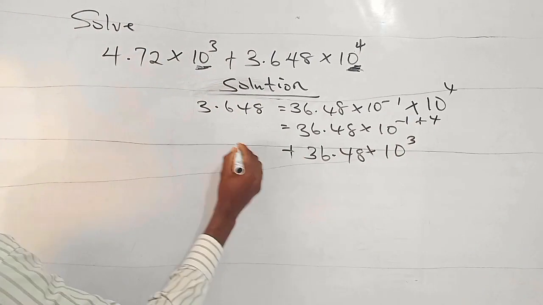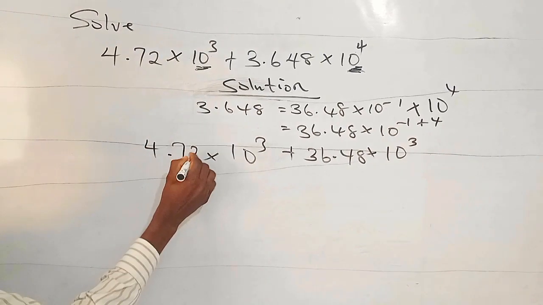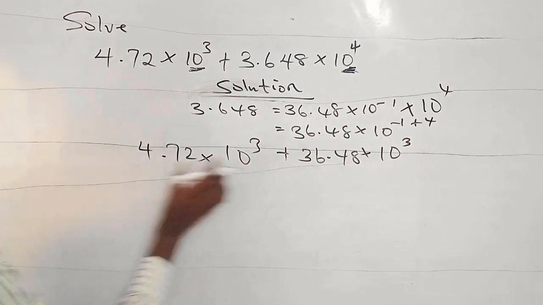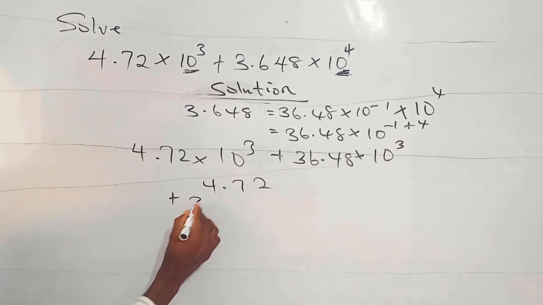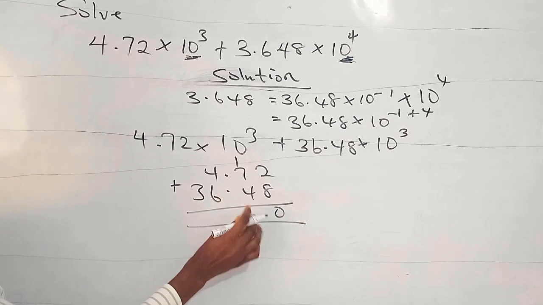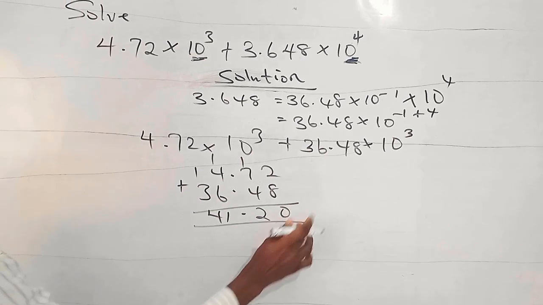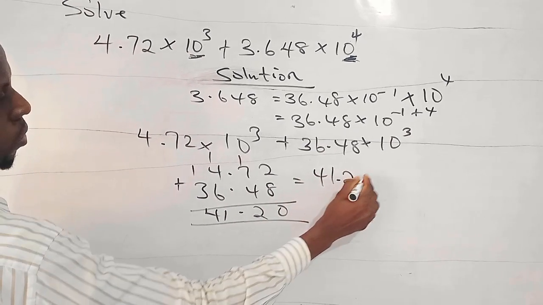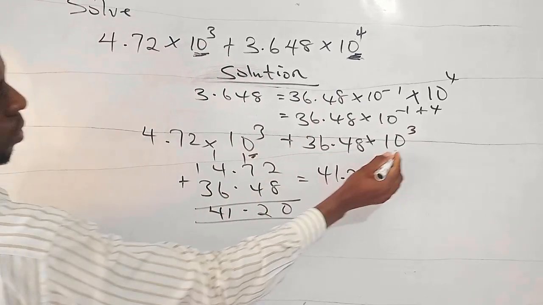So plus 10 to the power 3 times 4.72. Deal with the whole number: 4.72 plus 36.48. When you add this together, you have 41.20, times 10 to the power 3. Look at the exponents now, they are equal.